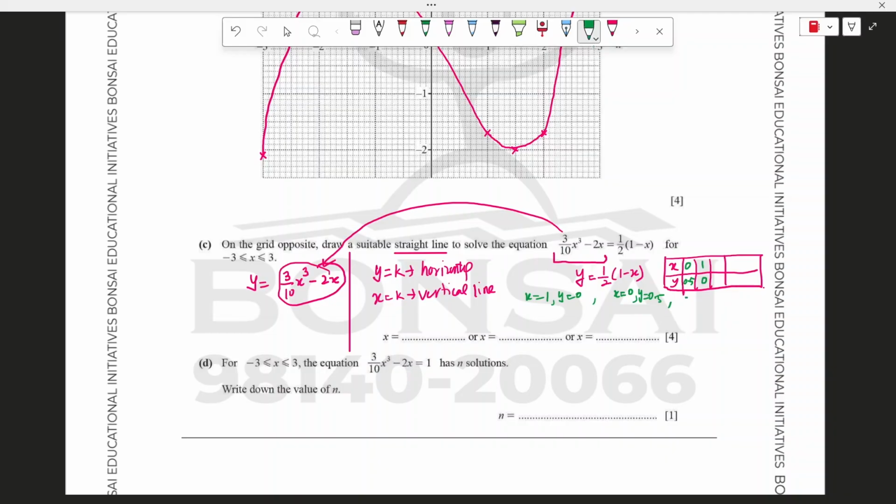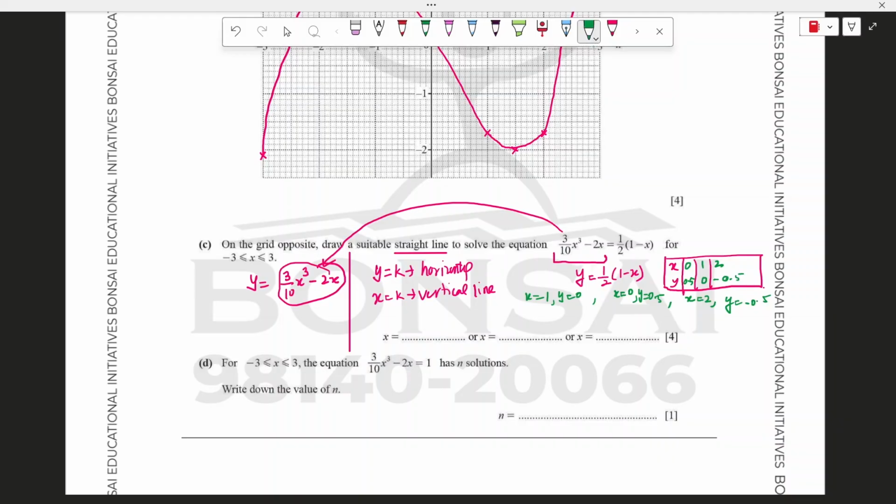If you put x equals 2, then 1 minus 2 is minus 1. Minus 1 divided by 2, y equals minus 0.5. So we got 3 points here.